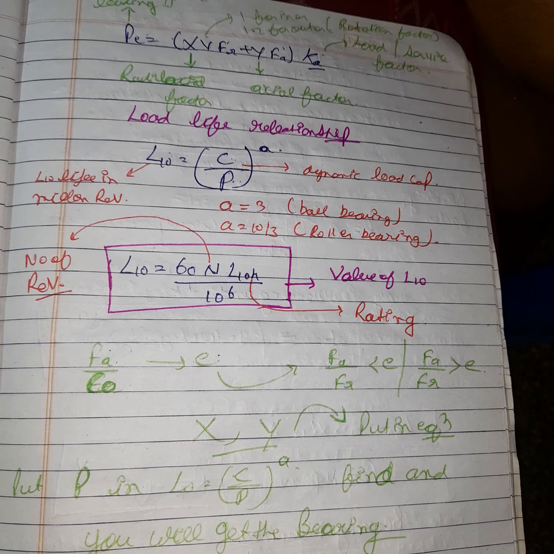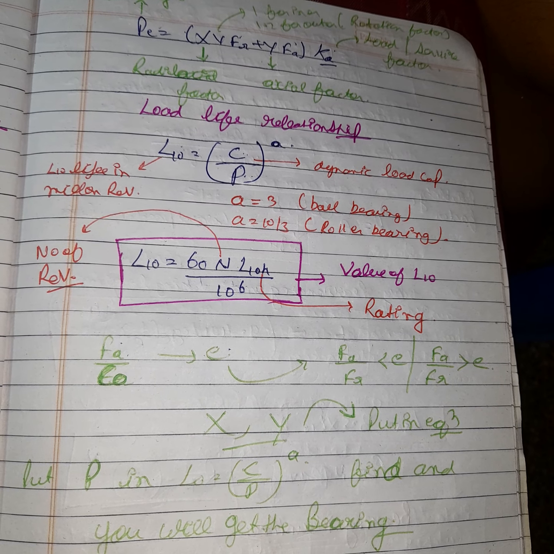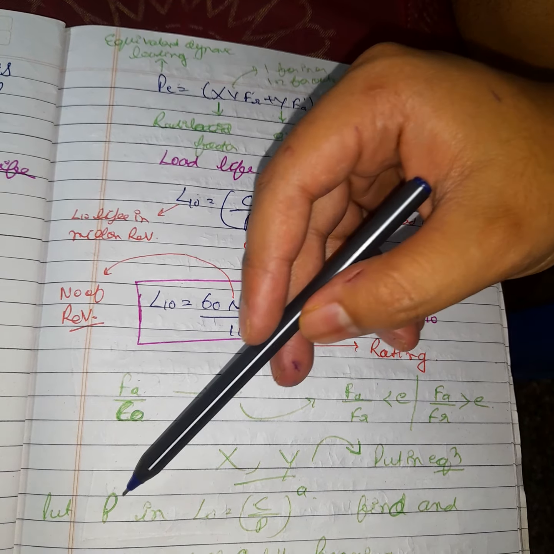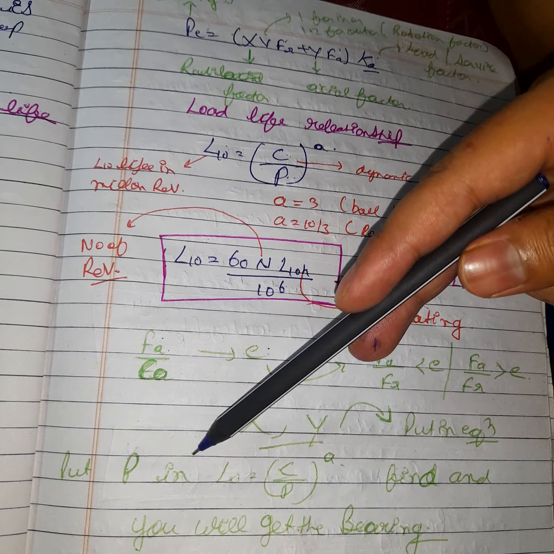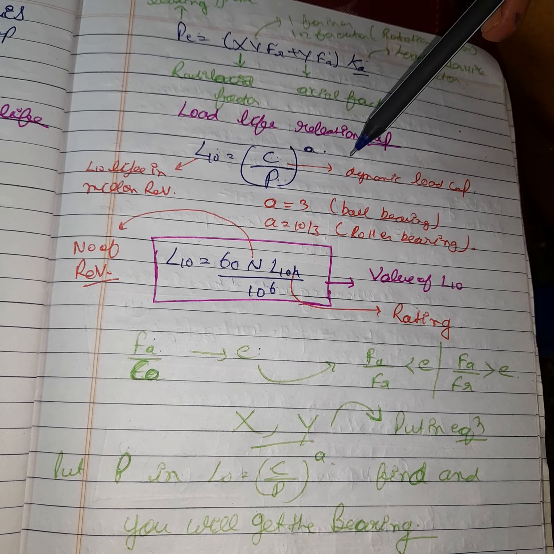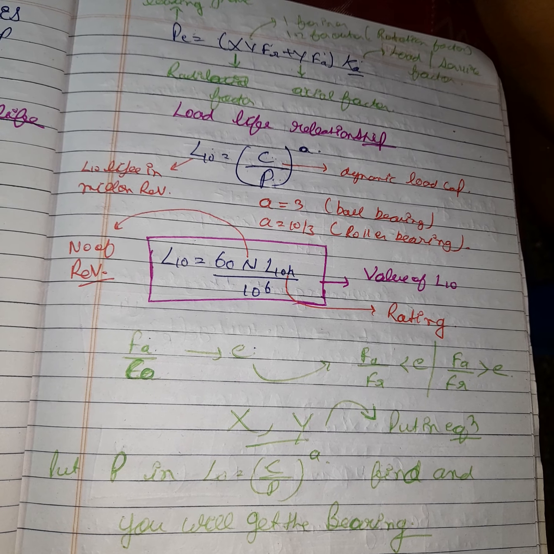For example, in Bhandari, we will put the values of X and Y in the equation, and then we will find P, and after P we can easily find L10 life by the formula (C by P) to the power a, and thus we will get our desired value.